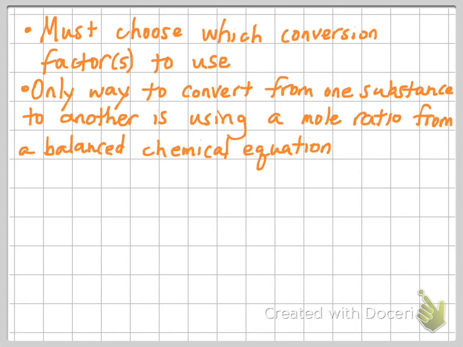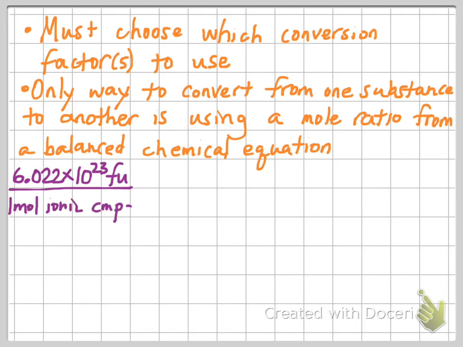So just quickly reviewing what you have on that chemistry toolkit, right? You have those count ones, which are 6.022 times 10 to the 23rd formula units for 1 mole of ionic compound. You have a total of 3 count ones, remember, because you have 3 different kinds of substances.